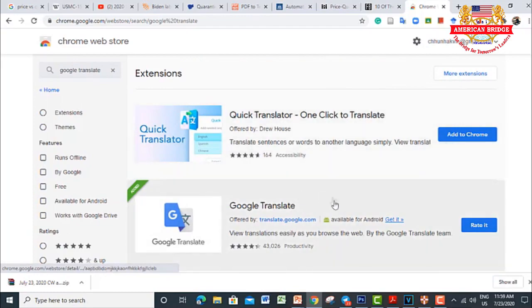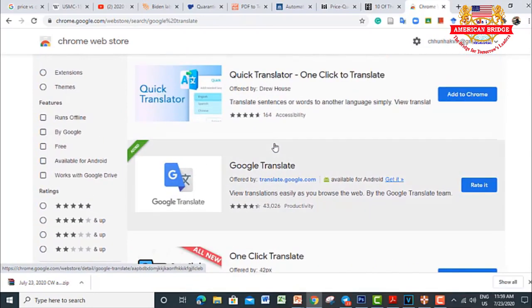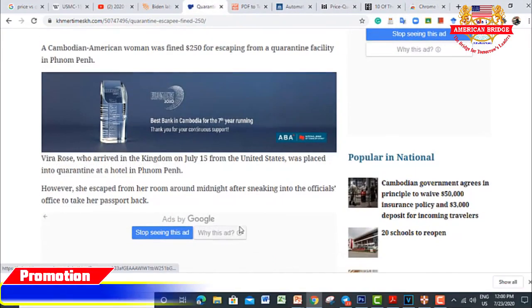You see the Google Translate here. Because teacher already added it, if you don't have it, you have to click Add to Chrome. When you add it, it goes to this bar, and it helps you a lot when you use your laptop.